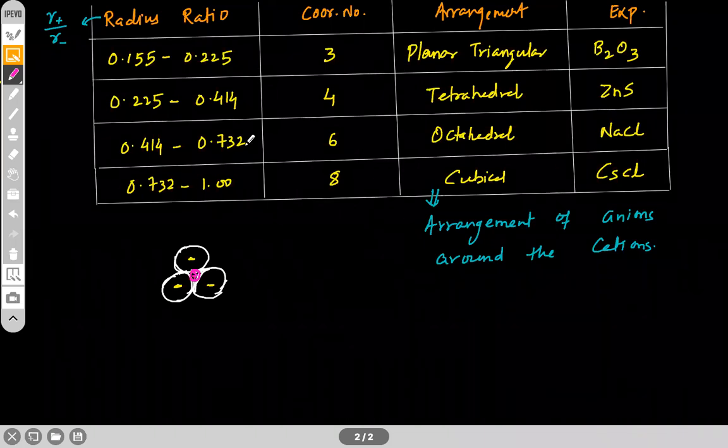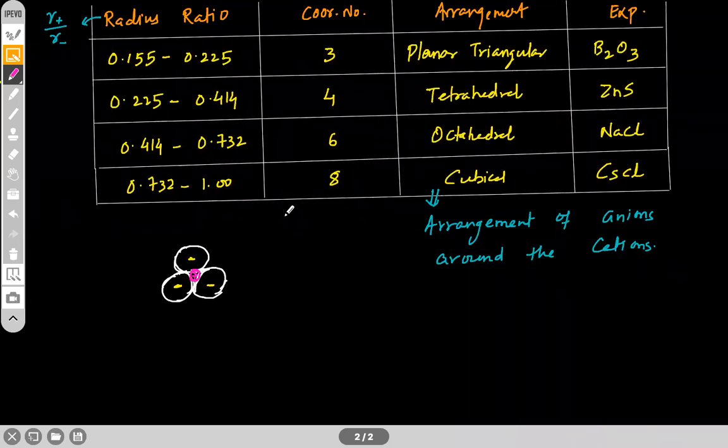Okay, if the size range is this, you keep on increasing the size. If the value falls in this range, then the arrangement around this cation would be tetrahedral. Above the void that you have here, you place one more anion, and then we have the void in between these four spheres, 1, 2, 3, and 4 on the top.